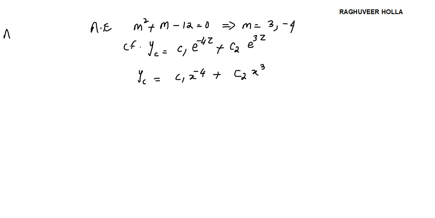Now let us find the particular integral, which is yp, equal to z into e to the power of 2z divided by, now we have simplified that, d1 square plus d1 minus 12, right? Close the brackets.